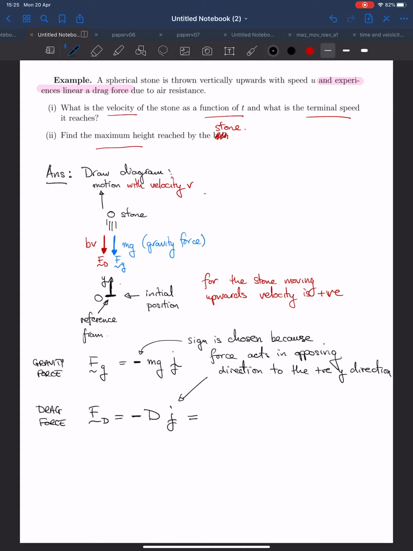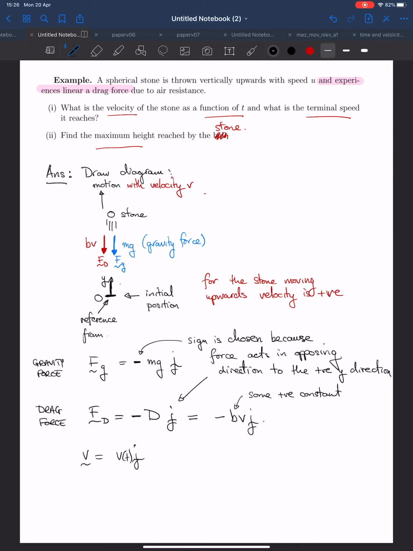Remember, drag here is the linear force, using the linear law. So what we have is minus b, some constant, times v. Okay, and let our vector v be v times j. This is a function of time.